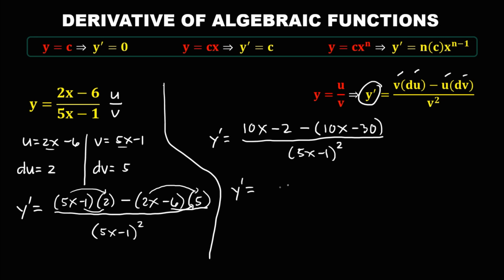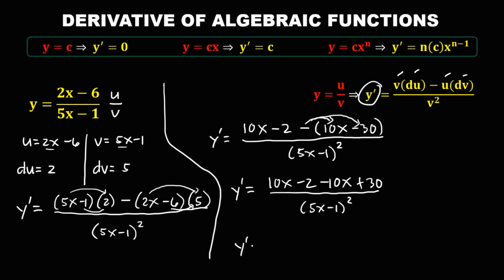Then simplify, so equals 10x minus 2. Distribute this negative, so negative 10x, and distributing this negative, positive 30, then over 5x minus 1 quantity to the power 2.